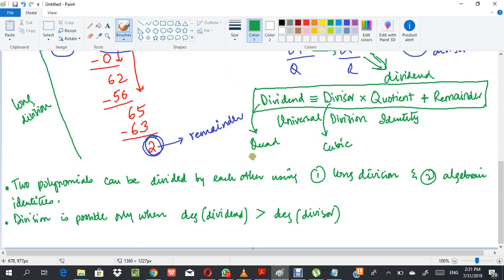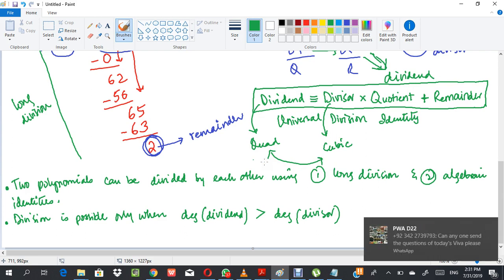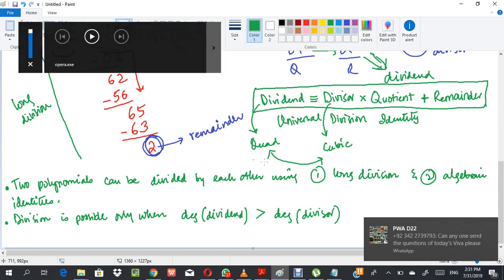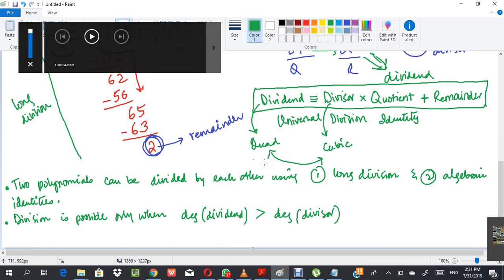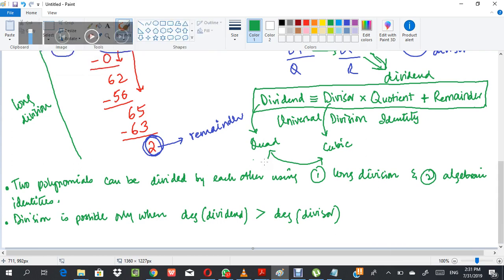Because the dividend is a polynomial of degree 2, whereas the divisor is a polynomial of degree 3. However, if we reverse the situation here, that means if I have a cubic dividend and a quadratic divisor, in that case, yes, we can have division, right? So these are two things about division.